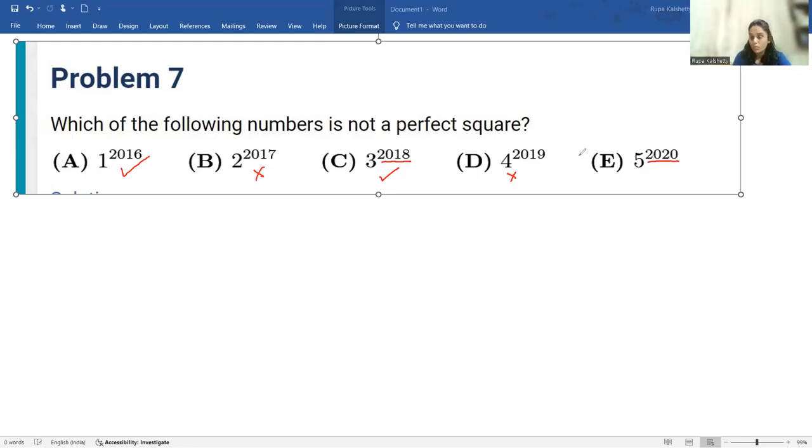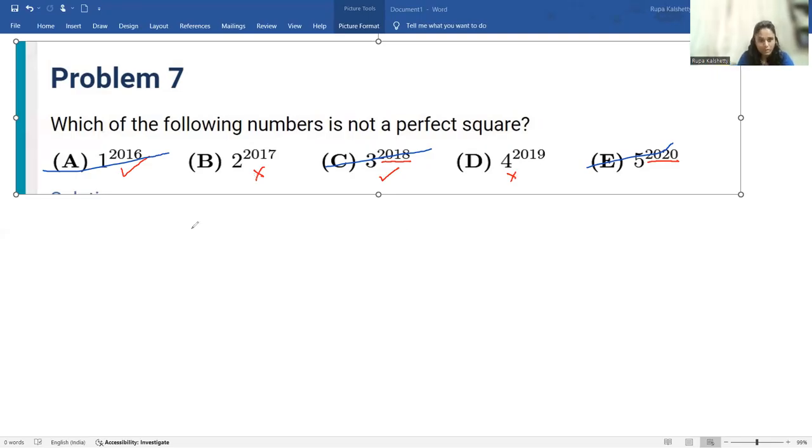They're asking us to choose one option, and we are looking for which is not a perfect square, so we are going to cross out option A, option C, and option E, because they all are perfect squares. We are left with only two options, B and D.